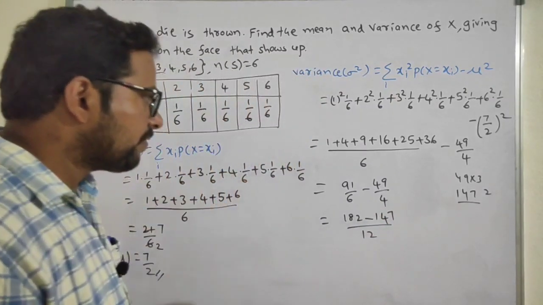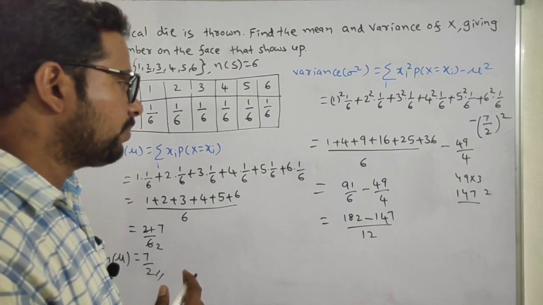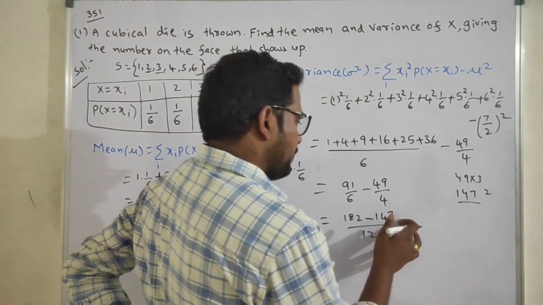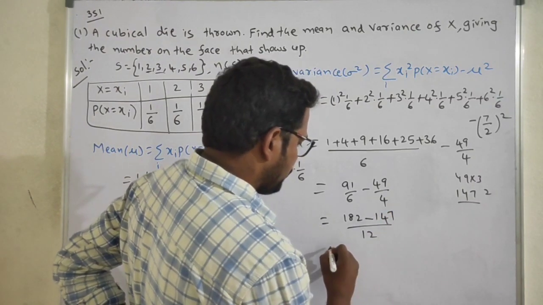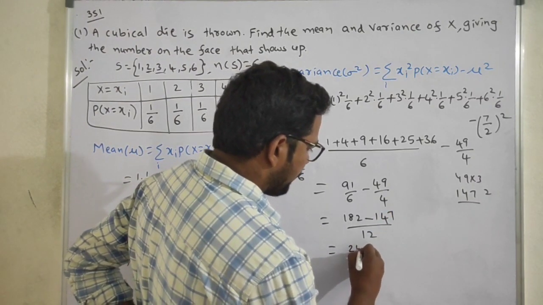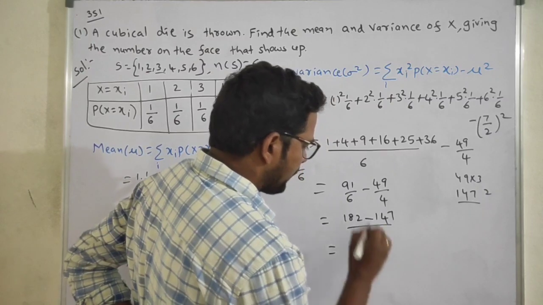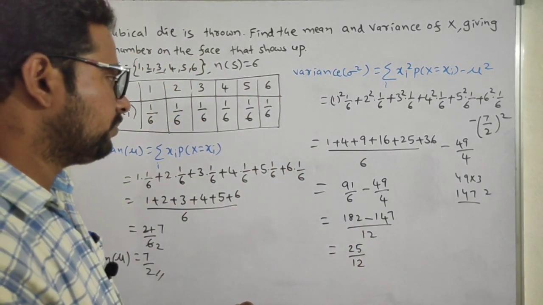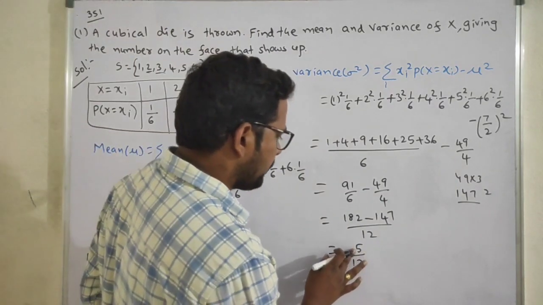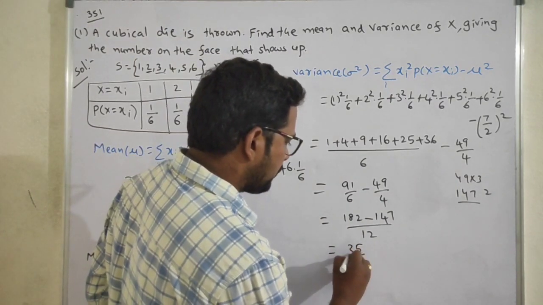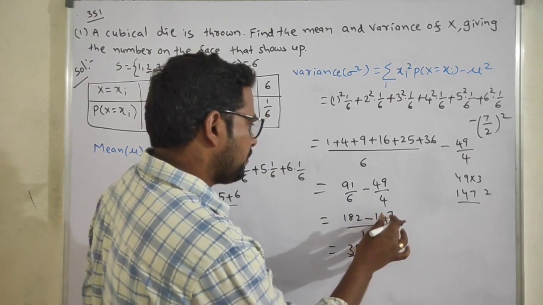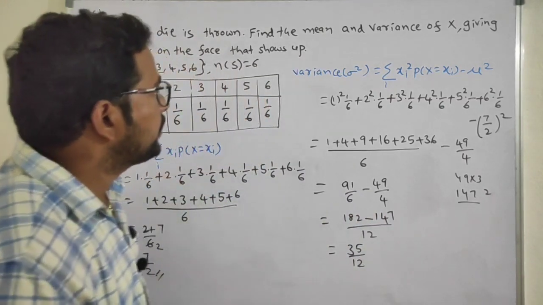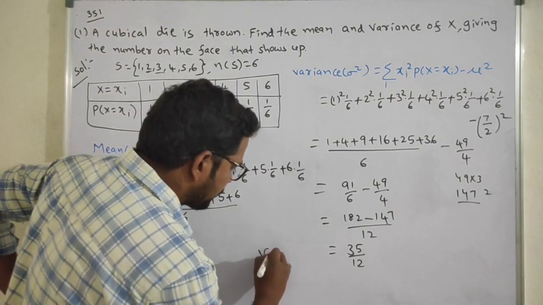So 182 minus 147 is 35. So 35 by 12. So this is variance.